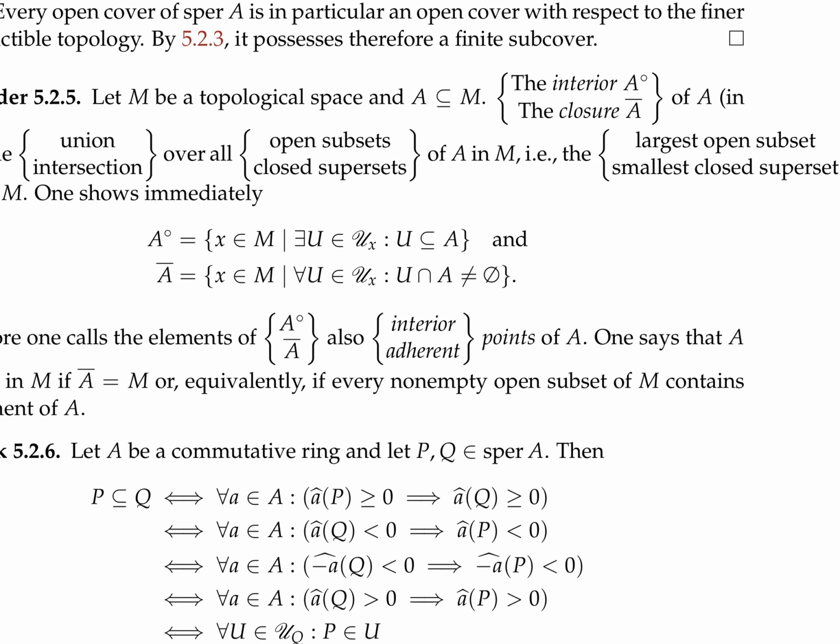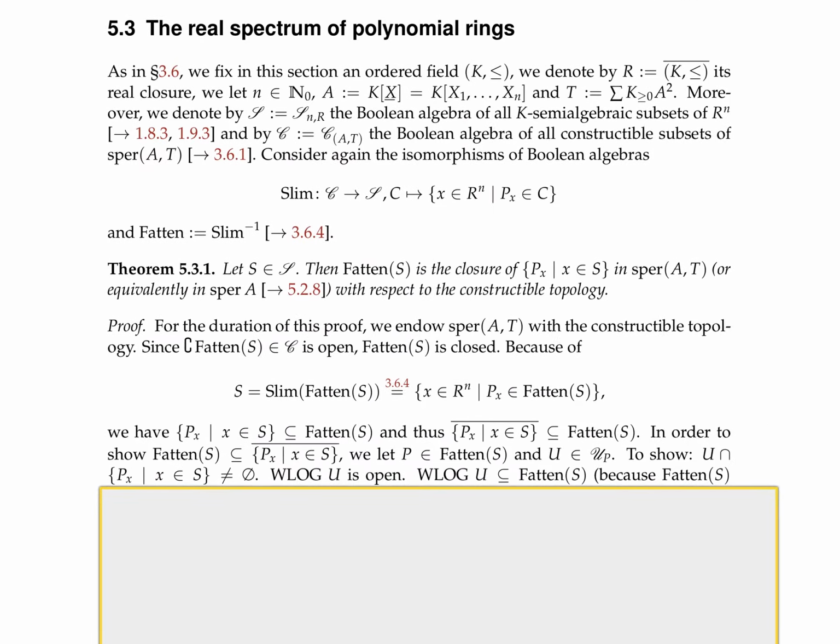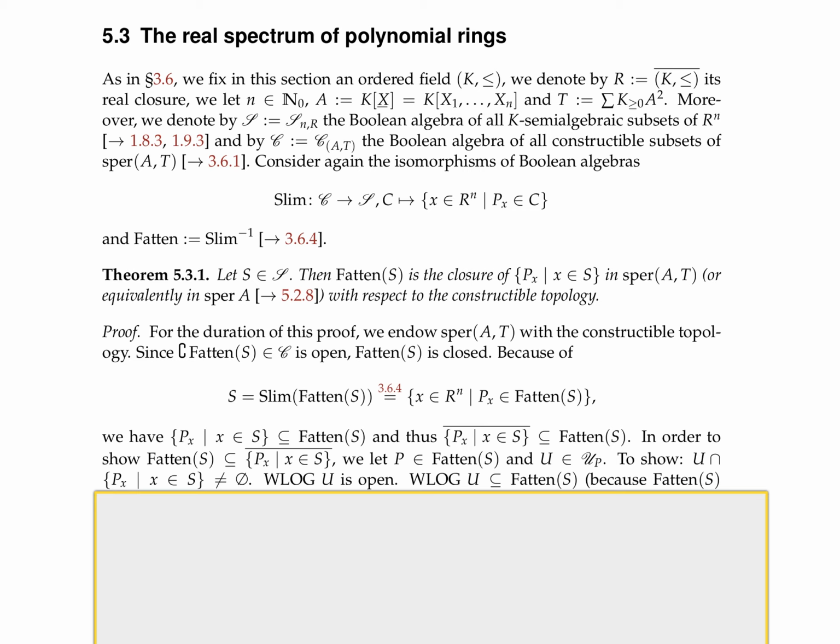We had this description of a closure of a set in a topological space, right? That's what I'm using here. So we have to show that U intersects this. And of course I can again assume that U is actually an open neighborhood.